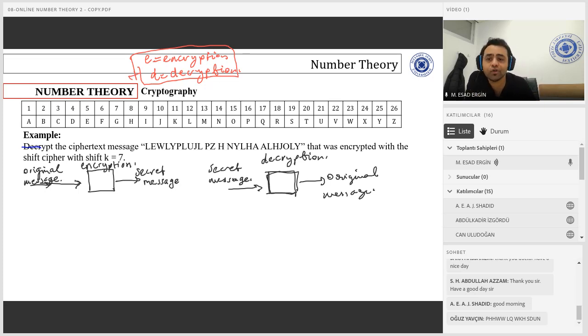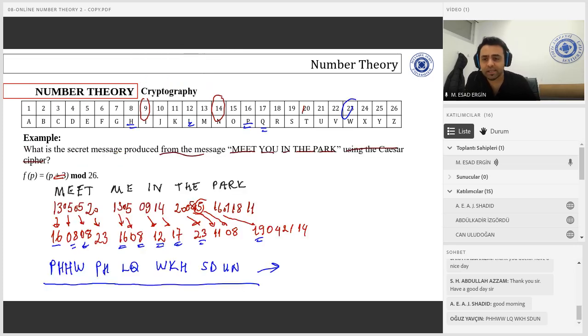So now we are going to try to decrypt that ciphered text that was encrypted with the shift cipher with the shift K equals 7, which means in this example we used P plus 7 as you see here.